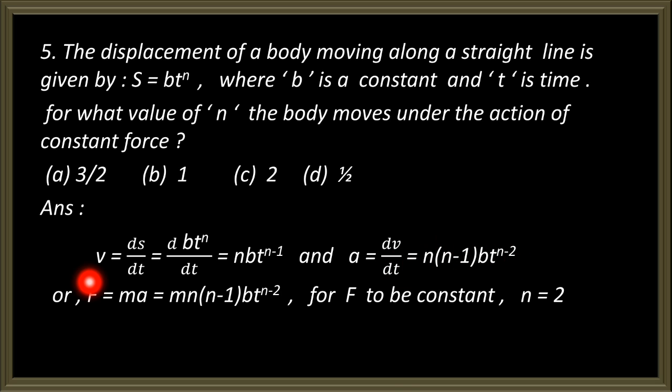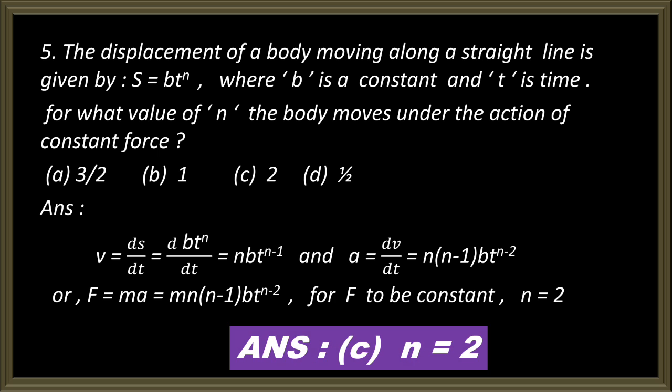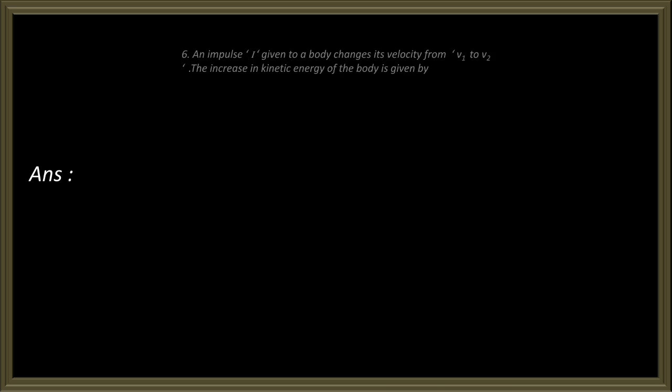Now we can use F equal to ma. Here we put the value of a, and after putting, F becomes m n into (n minus 1) b t to the power n minus 2. So for F to be constant, n must be equal to 2. So here the correct answer is option C, n equal to 2.